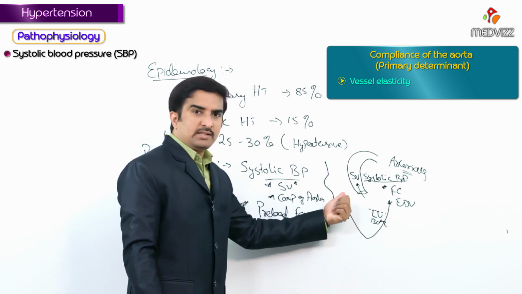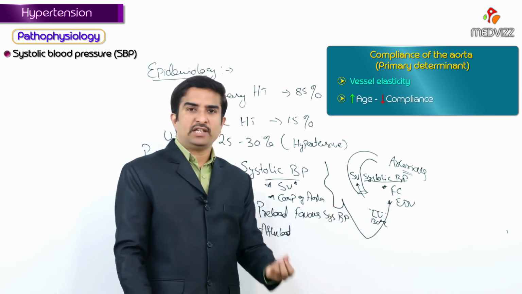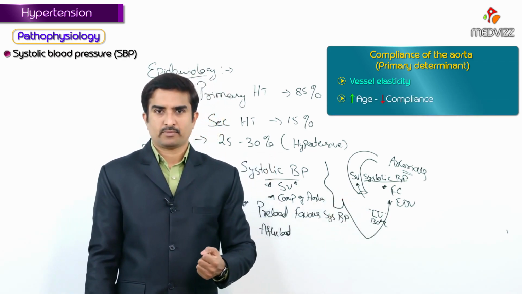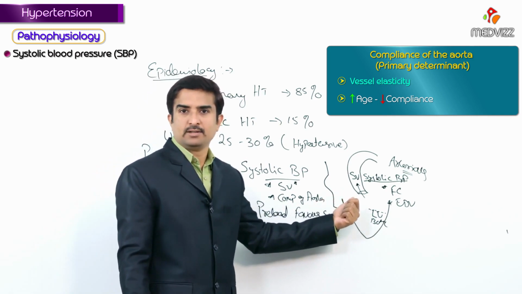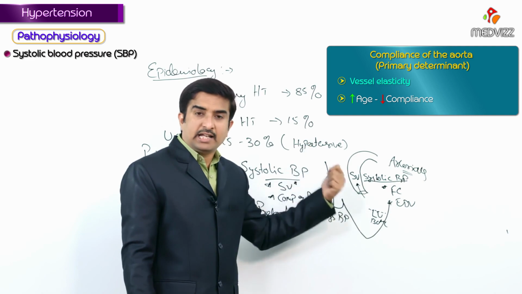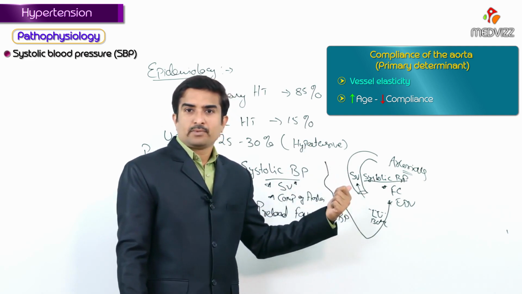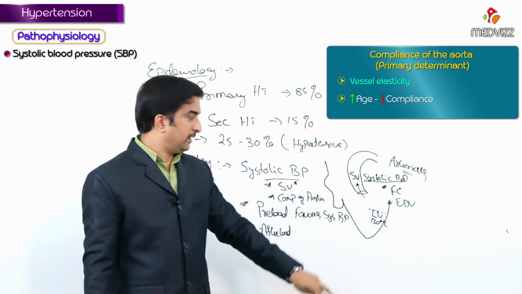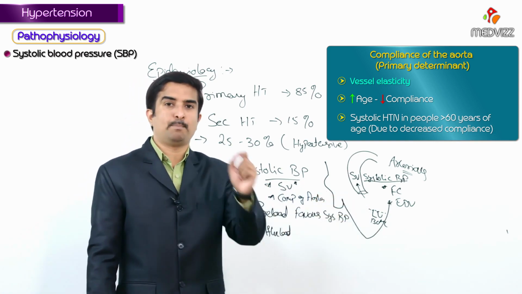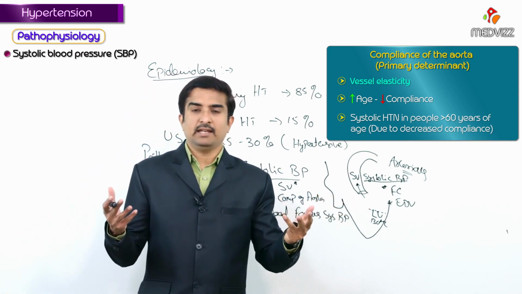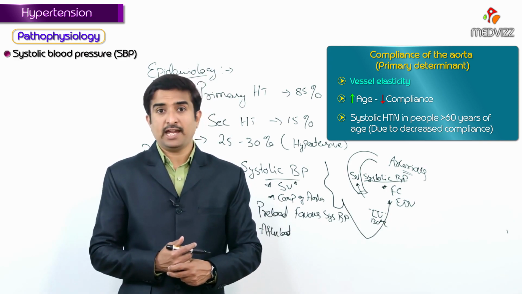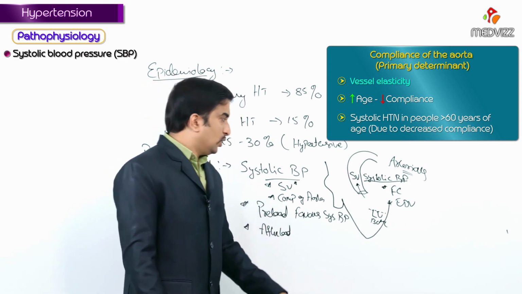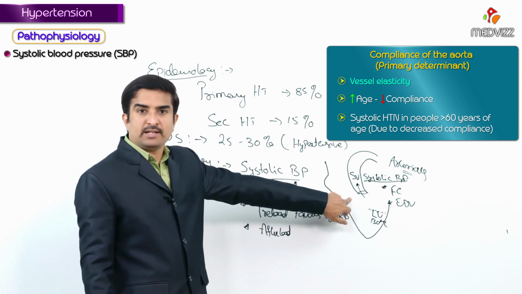In what conditions will the compliance of the aorta be decreased? Especially in older ages, there will be a decrease in the compliance. So decrease in the compliance is the mechanism for the development of systolic hypertension. Approximately, you can see it in an individual aged greater than 60 years. So this is about the compliance of the aorta.